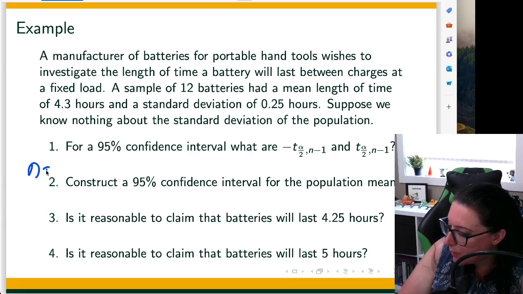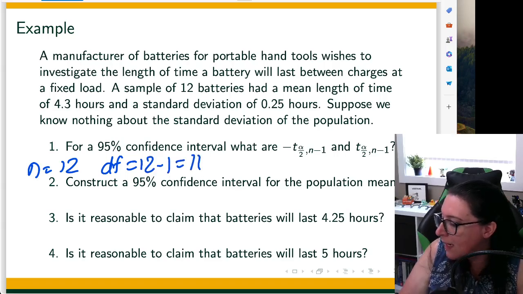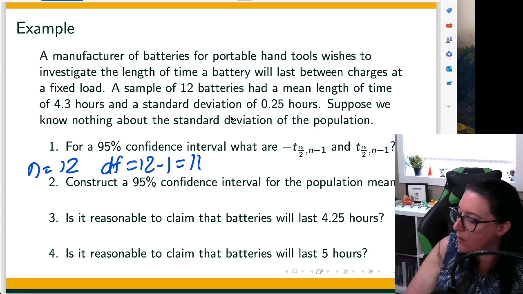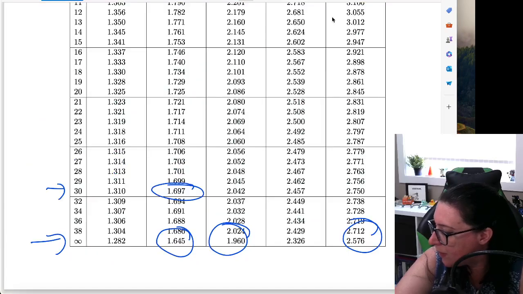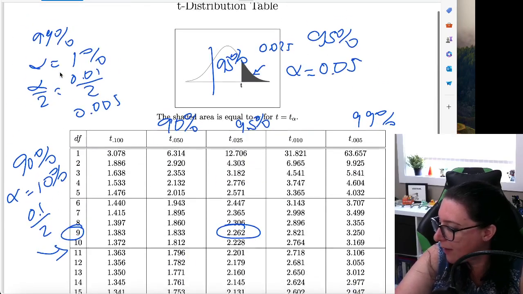Well, n is equal to 12. So our degrees of freedom is 12 minus 1, 11. And our confidence level is 95%. So what do we use here? Degrees of freedom, 11. We want 95%.